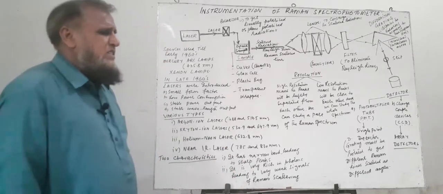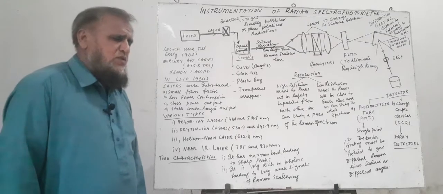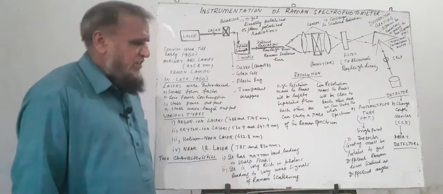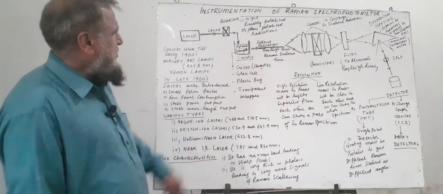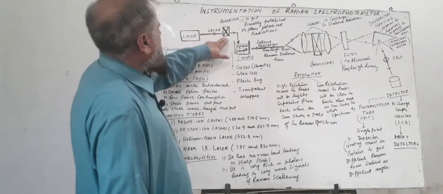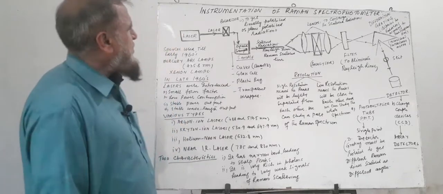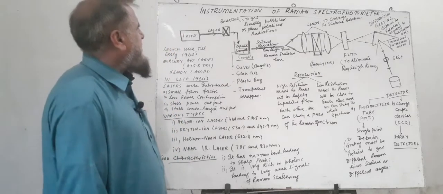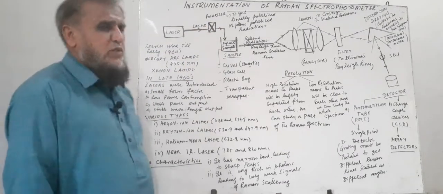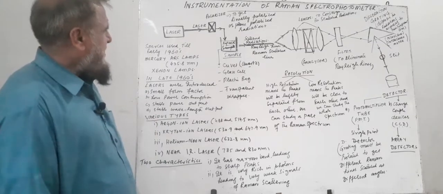We know that the Raman scattered radiations give us very weak signals. Therefore, we must have a very large number of photons to observe the Raman scattering. These lasers are then passed through a polarizer, and the function of this polarizer is that it gives us linearly polarized light or plane polarized light, which is vibrating in a single plane.